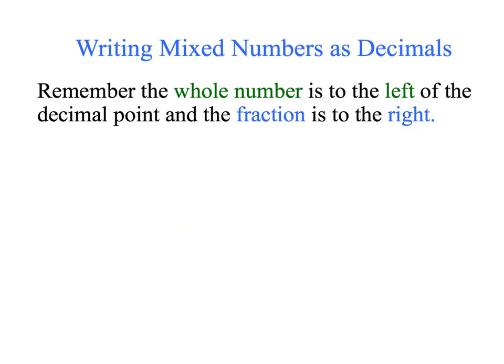We can also write mixed numbers as decimals. And when we are writing mixed numbers as decimals, you need to remember that the whole number is to the left of the decimal point and the fraction to the right. Okay, so we have a mixed number of 3 and 17 hundredths.